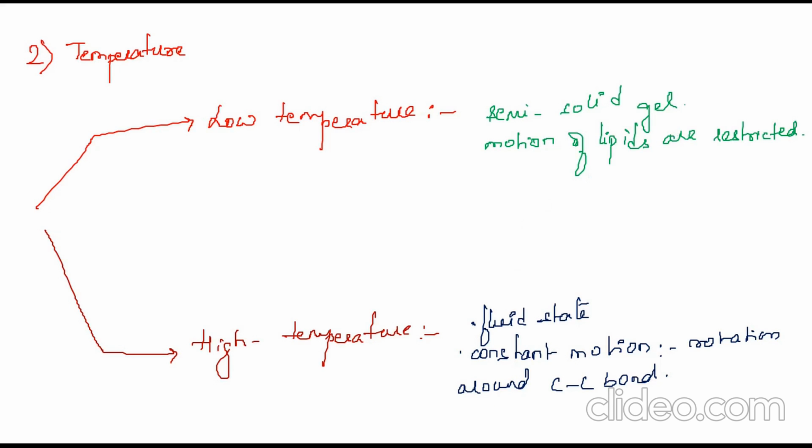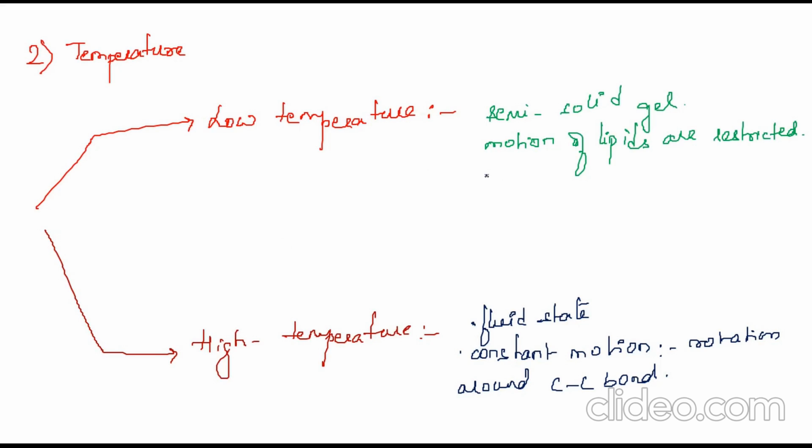Clear? So if I say about saturation and unsaturation, will you be able to tell me whether at low temperature the cholesterol content will be more or high? At low temperature, the cholesterol level will be high because it restricts motion. And what about the fatty acid chain?